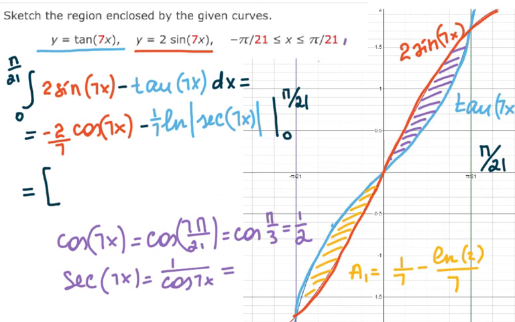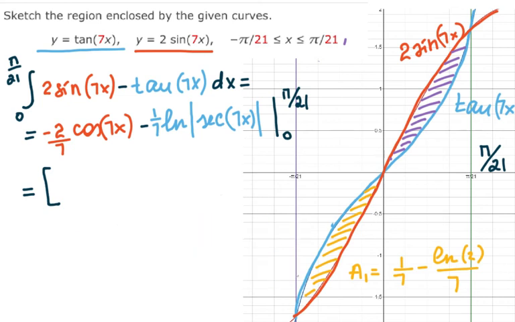And if you plug in pi over 3, you would get 1 over 1/2, which is actually 2. So here, if I plug in 7x and x is pi over 21, I get cosine pi over 3, which is 1/2. I have negative 2 over 7 and times 1/2. And then minus. And then for the blue function, I will have 1 over 7 natural logarithm and secant of 7x and x is pi over 21 will give me a 2.